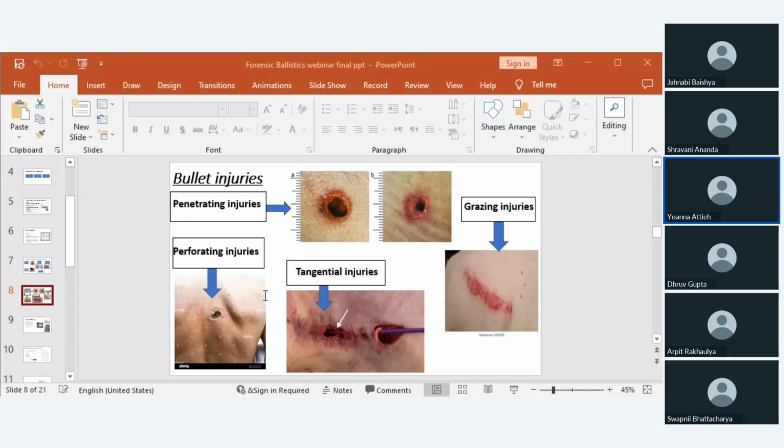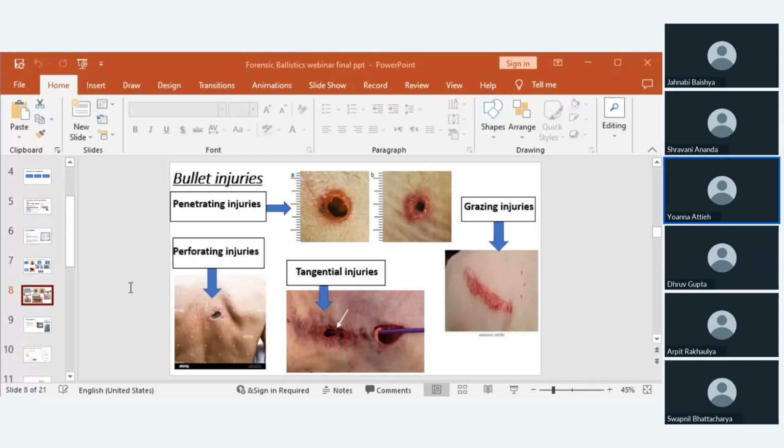So often it leaves a superficial injury on the surface. However, grazing injuries are minor, shallow abrasions caused by a projectile that travels very close to the body, creating a small wound. Understanding these injuries helps forensic scientists determine the type of projectile used, its velocity, and its trajectory, all of which are crucial for crime scene analysis.